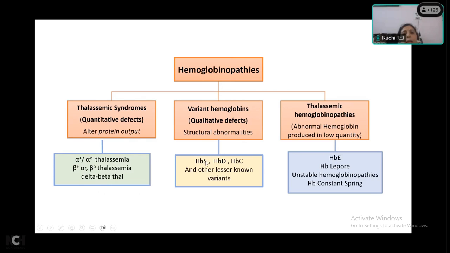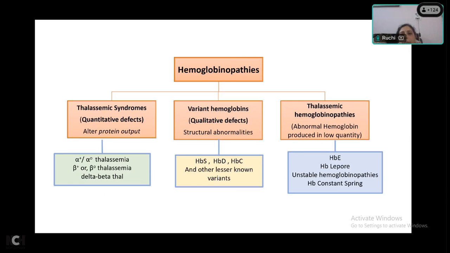Then there is a third term we frequently use, the thalassemic hemoglobinopathy, meaning the amount of protein formed is abnormal and the quality is also abnormal. There is a point mutation, but because of it the protein formed is not very stable, so it gets degraded and simulates a thalassemia.